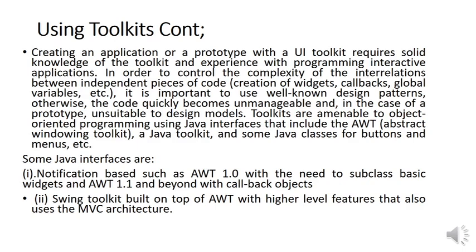Toolkits are amenable to object-oriented programming using Java interfaces that include the Abstract Windowing Toolkit, a Java toolkit, and some Java classes for buttons and menus. Some Java interfaces are notification based, such as AWT 1.0, which needs to subclass basic widgets, and AWT 1.1 and beyond with callback objects.